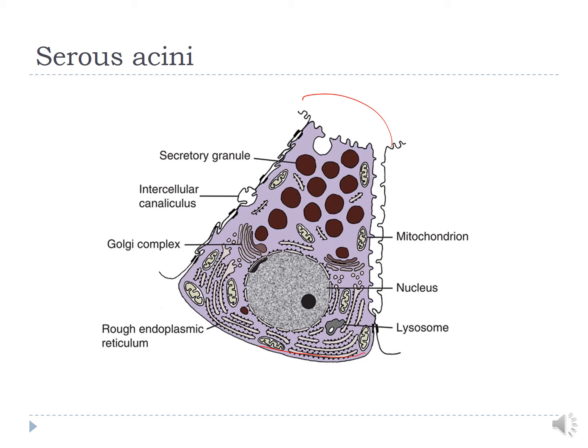Now each cell contains a spherical nucleus located in the basal part of the cell, which contains numerous mitochondria, abundant rough endoplasmic reticulum, and many free ribosomes. The apical regions of serous cells contain numerous secretory granules, known as the zymogen granules. A well-developed Golgi apparatus is present between the nucleus and the secretory granules.